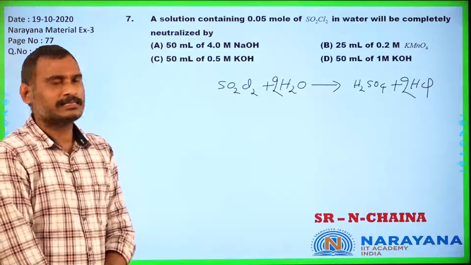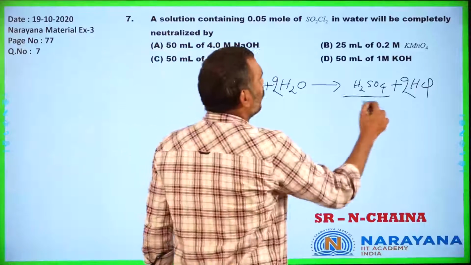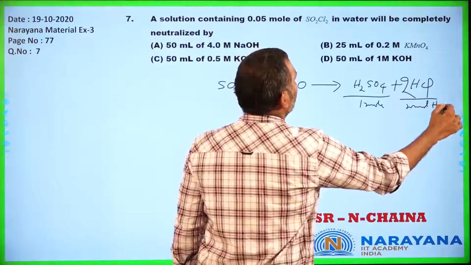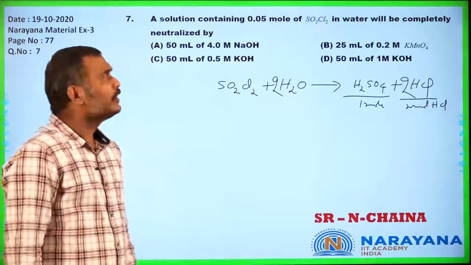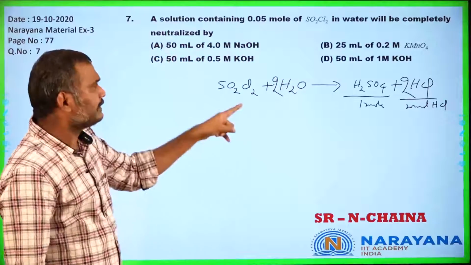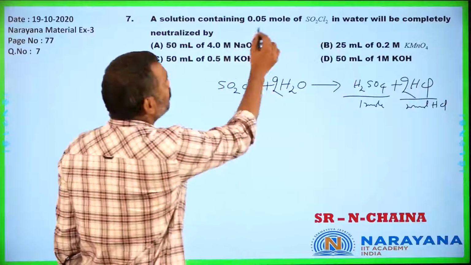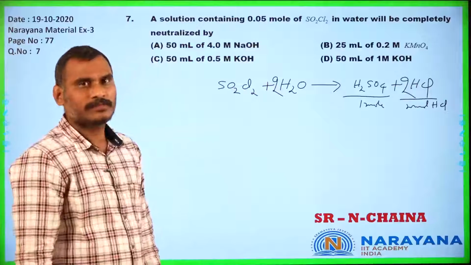The reaction was balanced. 1 mole of H2SO4 and 2 moles of HCl were formed. So the number of moles given is 0.05 moles.